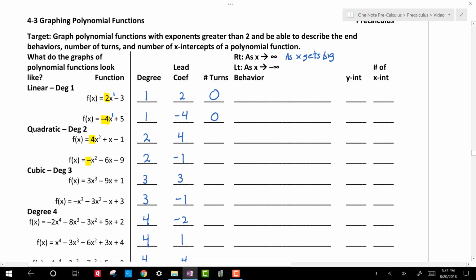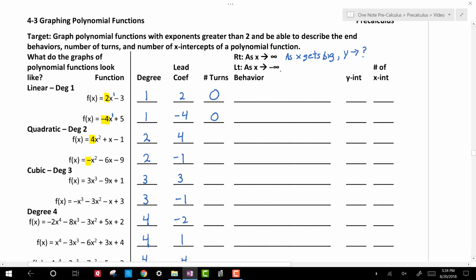Okay? So as x goes to infinity, y is going where? And basically that where is, is y going up or is y going down? If y is going up, we say it's going to positive infinity. If it's going down, we say it's going to negative infinity. Same thing on the left side. We want to know what the behaviors are.